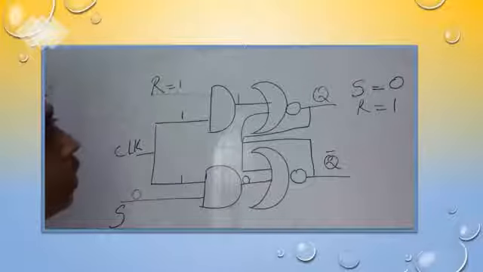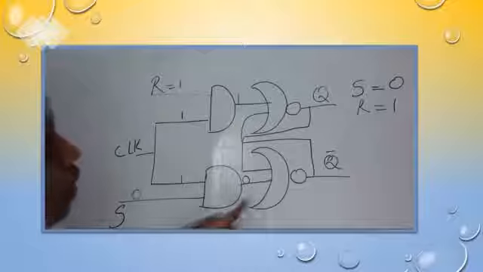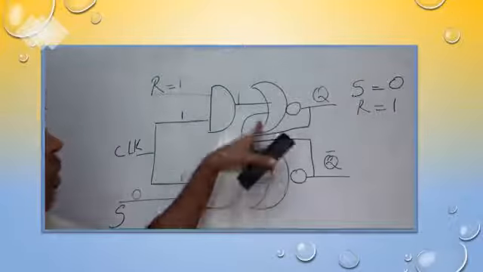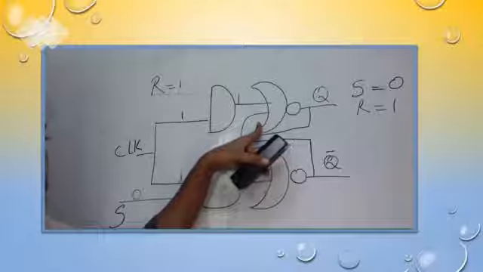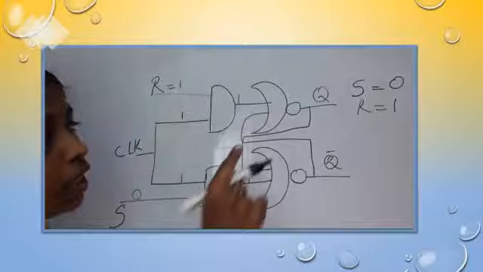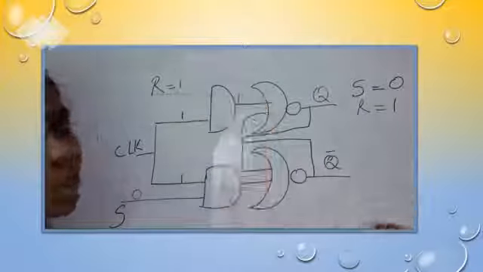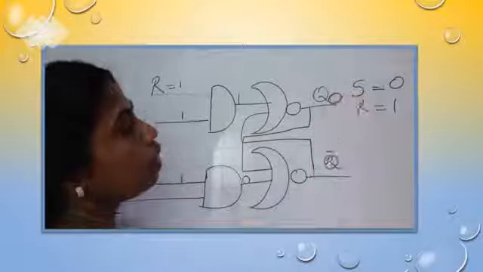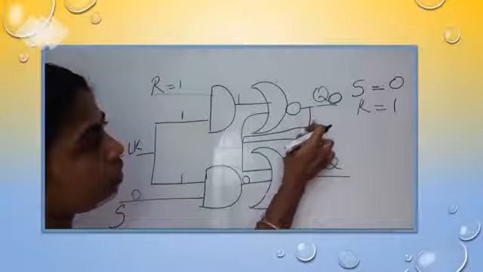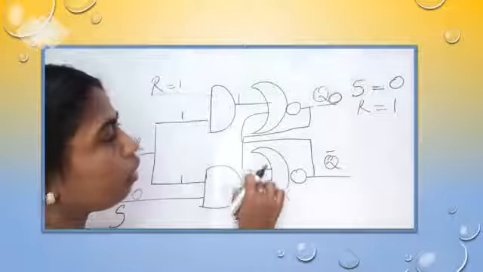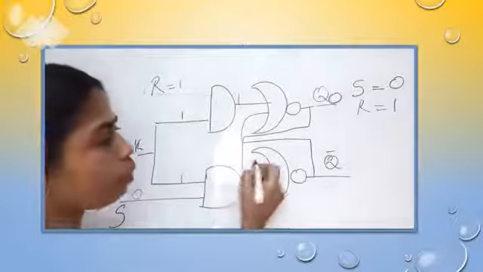Now, look at the board. Here, we cannot predict what the output will be, but here, we can predict. What's the reason? In the case of a NOR gate, if any of the inputs is 1, the output is 0. So here the value of Q is equal to 0. Then the 0 will come here, and here all the inputs are 0.